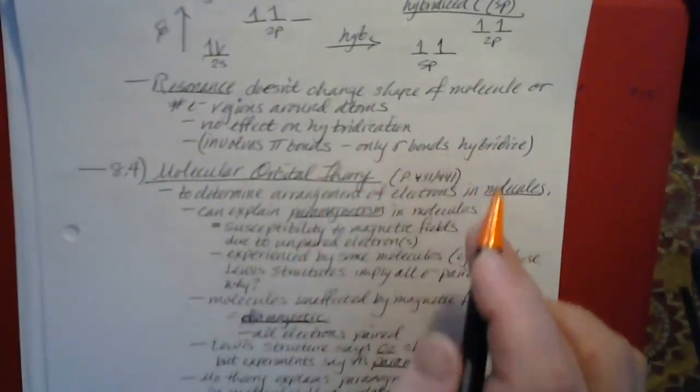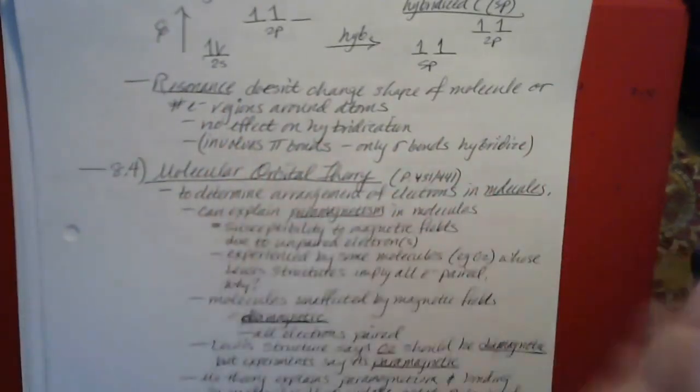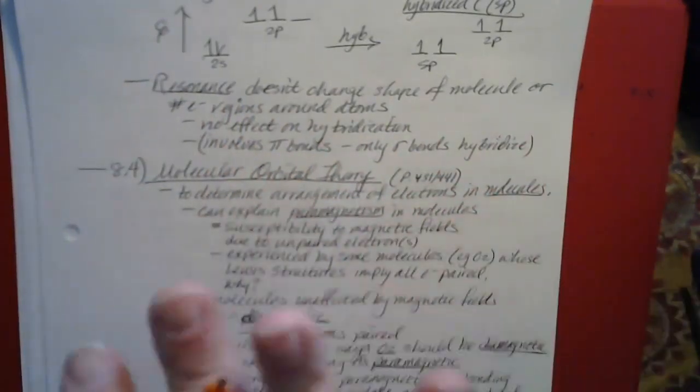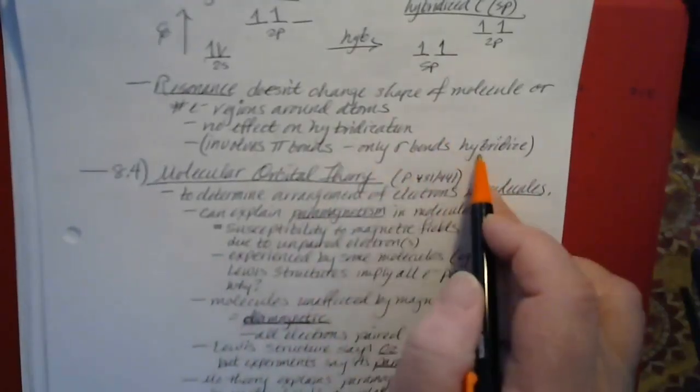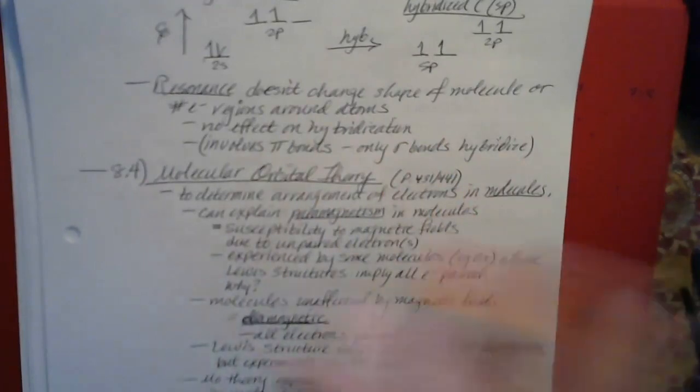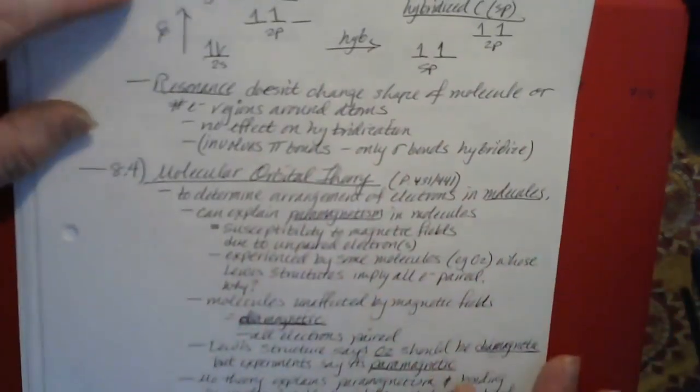Okay. And only sigma bonds hybridize. So resonance involves delocalized pi electrons that can move around between neighboring atoms. But when we're talking hybridization, we're talking about sigma bonds. So it's kind of two different things.